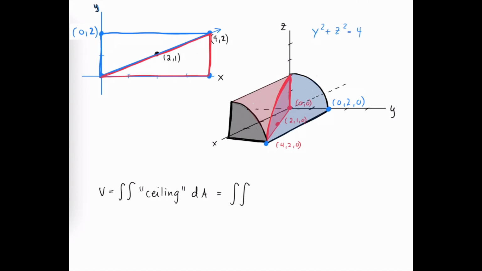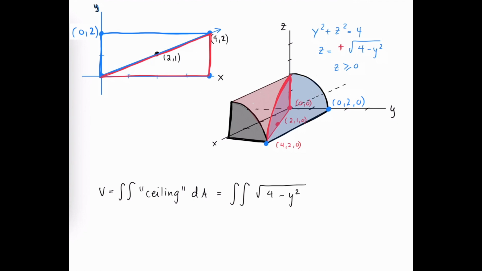And that is the ceiling function, but we need to solve that for z to get a function of x and y, and that would be our integrand. So solving this for z, we're going to get plus or minus the square root of 4 minus y squared, but because the z values we're looking for are in the first octant, they're going to be positive, so we can ditch the plus minus and say we're only looking for the positive z values.